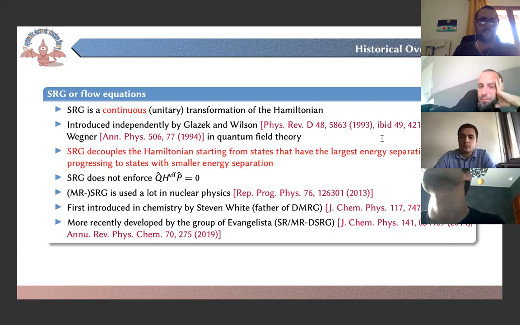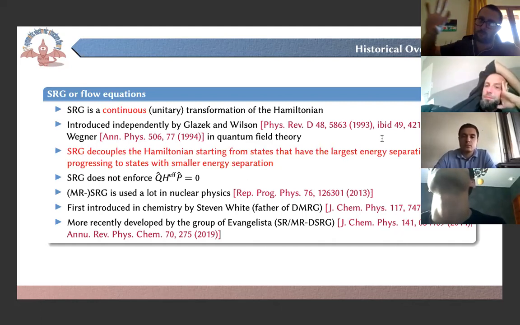And so the main idea, that's exactly what I told you, is that SRG decouples the Hamiltonian starting from states that have the largest energy separation, and you progress toward the states that have smaller energy separation. So basically, when you go to full SRG, so the parameter is infinite, you're going to strictly decouple the P and Q space.